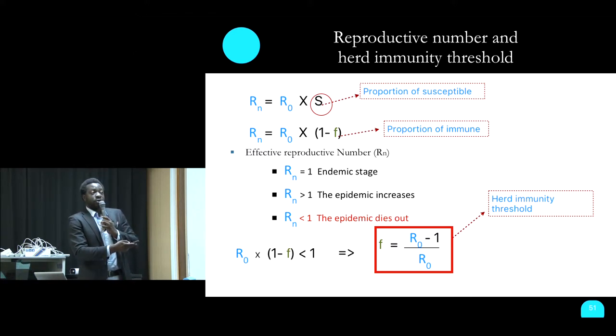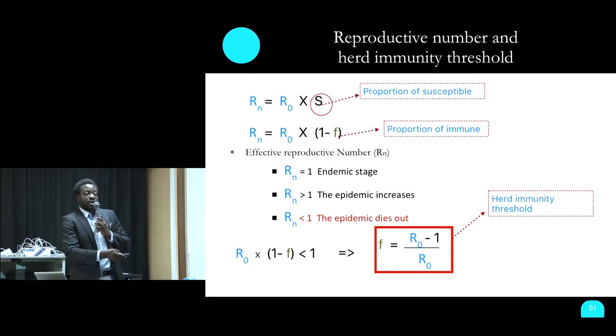So for an infection to take off, the effective reproductive number here should be more than 1. But if we want to control the infection, we should make sure that the reproductive number here is less than 1. So this here, which is our effective reproduction number, should be less than 1 if we need to control the epidemic.